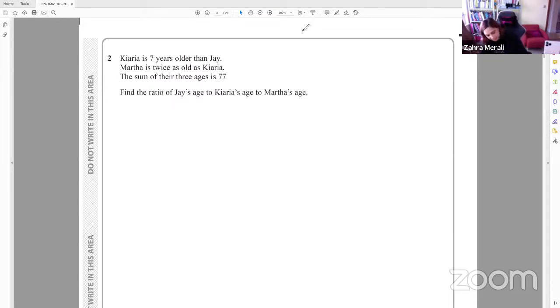So let's see, what do we know? We know the sum, so we know K plus J plus M is 77. We know that K is the same as J plus 7. And we know that M is 2 lots of K.